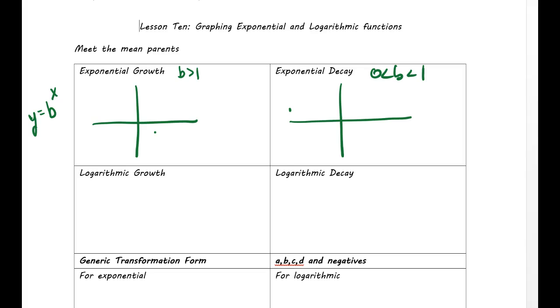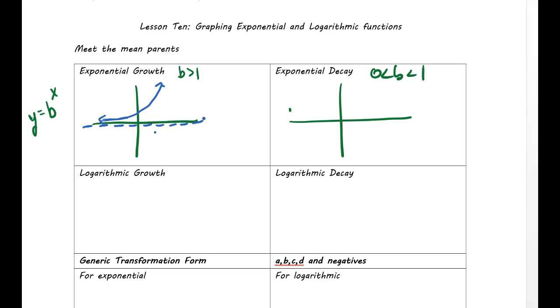Let me try that. Okay, so what do they look like? Well, if the b is bigger than 1 on an exponential growth, it's going to look a little something like this. And these are little arrowheads here. And these also have an asymptote here. I know we've kind of mentioned asymptotes before.